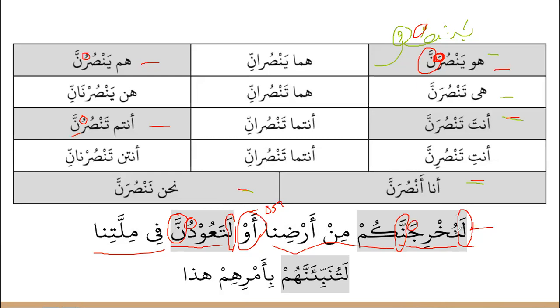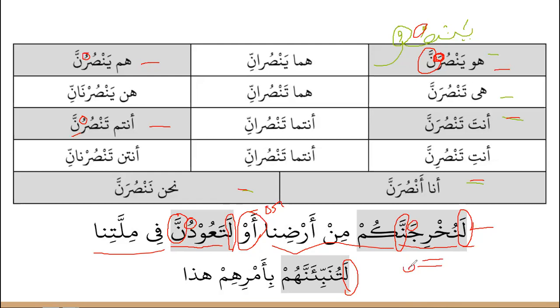Okay. The second example, if you want to see, it's la. And see, every time those emphases come, there is a lam before. This lam is called lam of emphasis. So it's nukhrijanna. The normal word is nukhriju, right? Then the second degree of emphasis, nukhrijan.